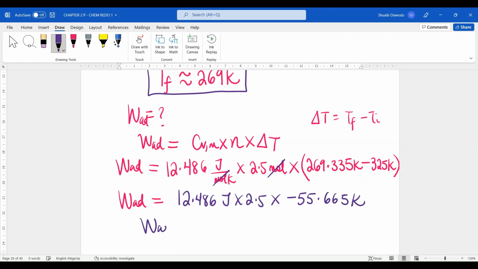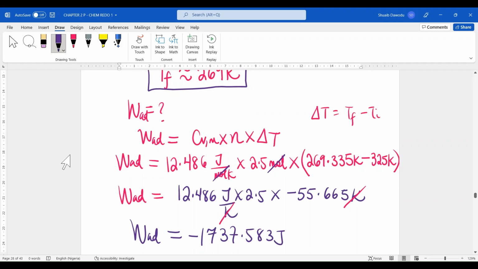So adiabatic work done is just going to be us multiplying all of this, right? This one is actually joule per Kelvin, I apologize. So you cancel out the Kelvin here, you cancel out the Kelvin here. So the adiabatic work done ends up becoming all of this information. You put it in your calculator, you get negative 1,737.583 joules. And again, we don't forget we are chemists.